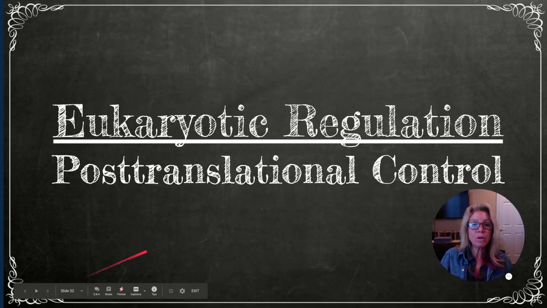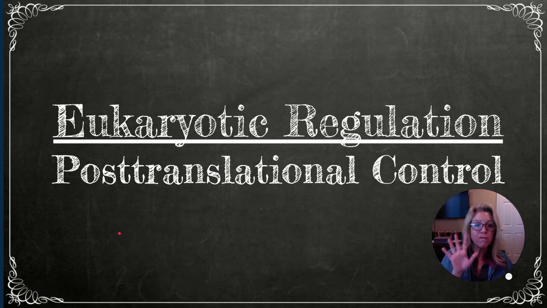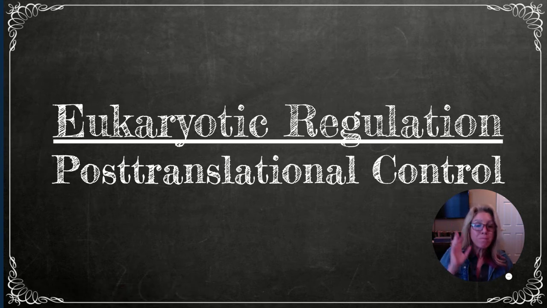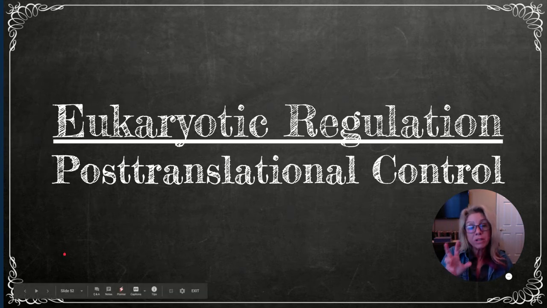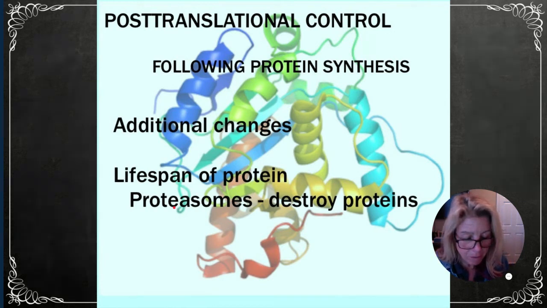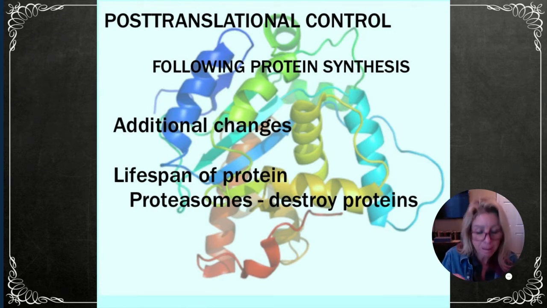Okay, and then the last one of eukaryotic regulation, the fifth one, also out in the cytoplasm, is post-translational control. At this point, you have a protein, but remember we talked about how you've got to get it in the right shape. So for post-translational control, proteins are continuously being formed and degraded. You only keep what is needed. So it might have to have additional changes. It has to be folded in a certain way, and then it has to last in order to be functional.